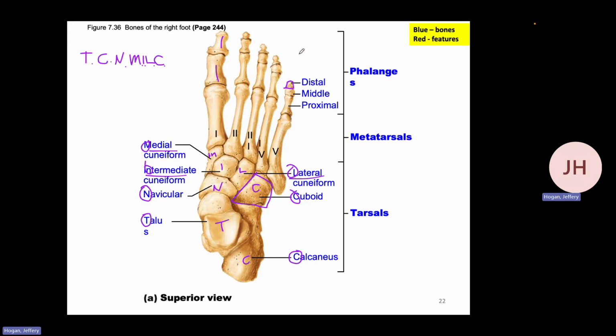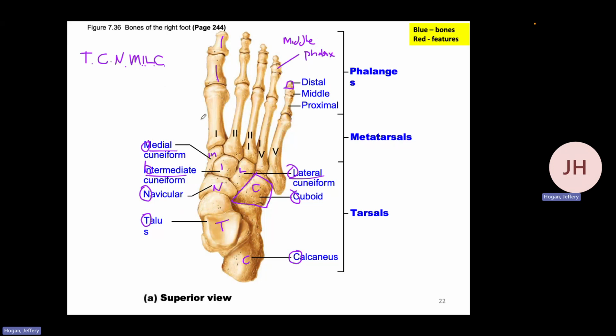So if I point an arrow right here, name this bone, be specific. I'm going to write middle phalanx. We'll pretend I spelled that right.